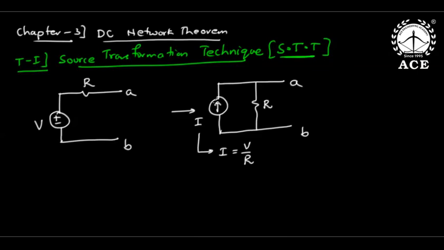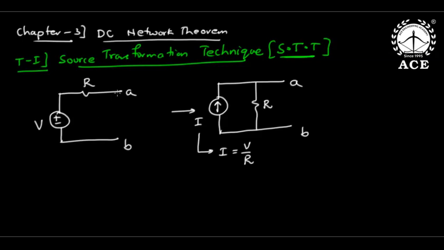Everybody, please listen. A voltage source in series with a resistance can be converted into a current source in parallel with the resistance, where I is V by R. But what should be the direction? The direction should be such that the performance of both networks is the same.